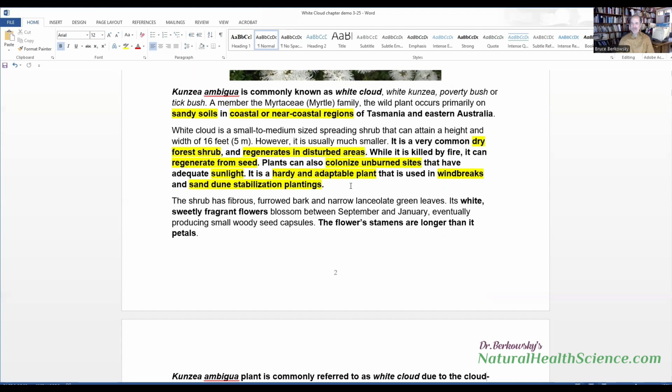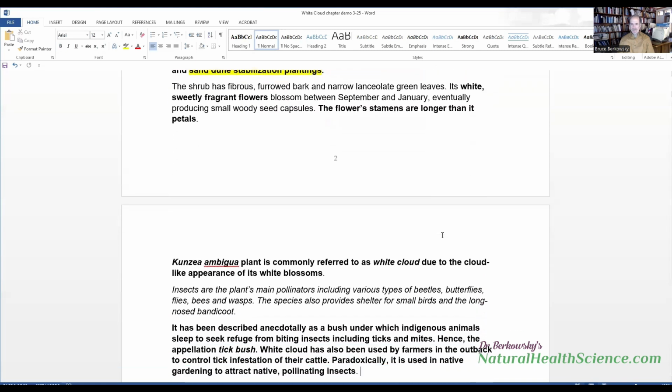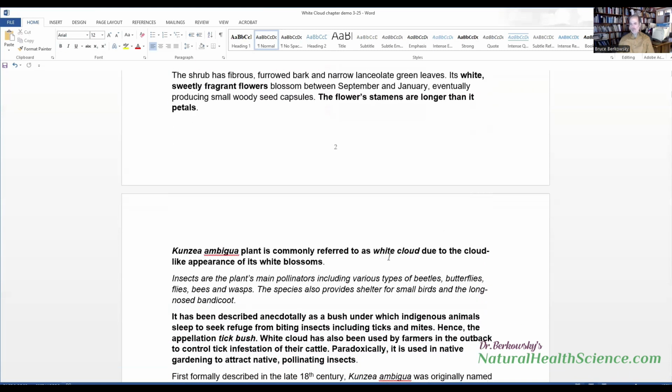And once again, this brings us back to the yang. Male is yang, I should say. And the female aspect would be yin. And again, it's called white cloud due to the cloud-like appearance of its white blossoms.